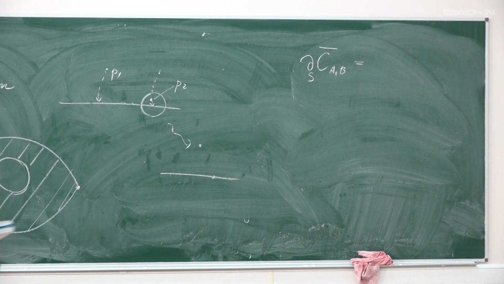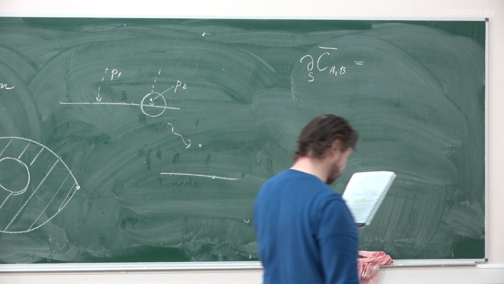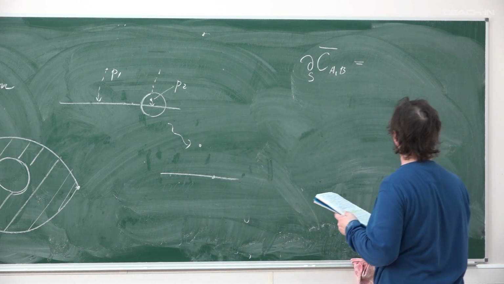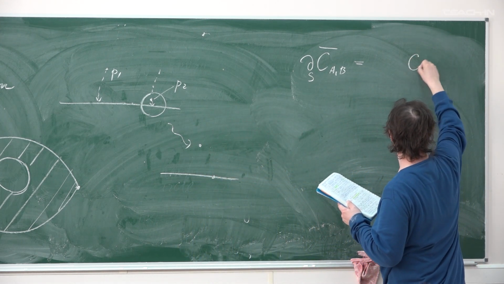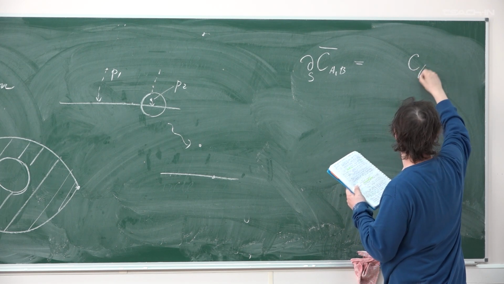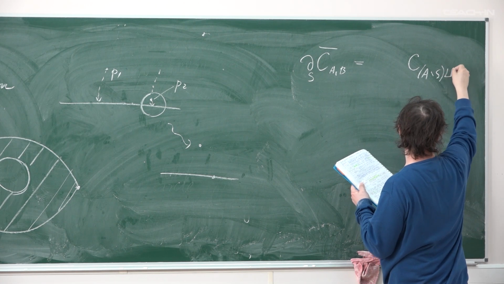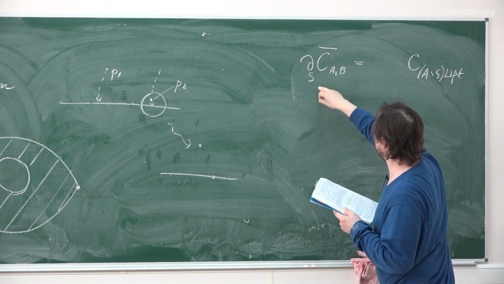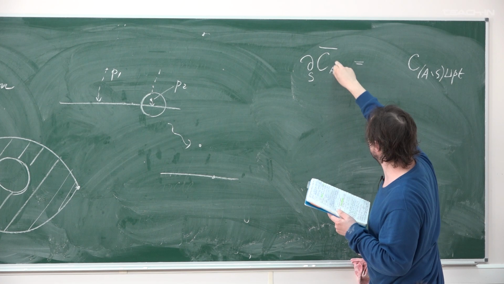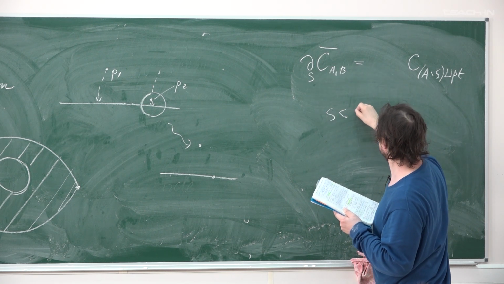There are two types of boundary like this. One will consist of C_(A minus S), to which you add the point, the remaining image of the S points which you merge to one point.